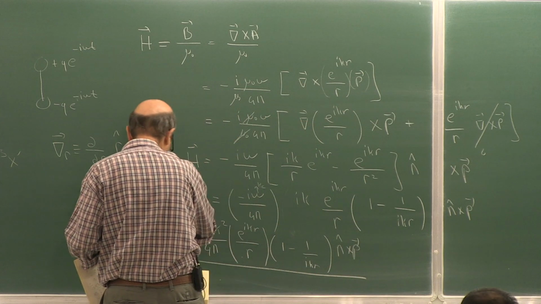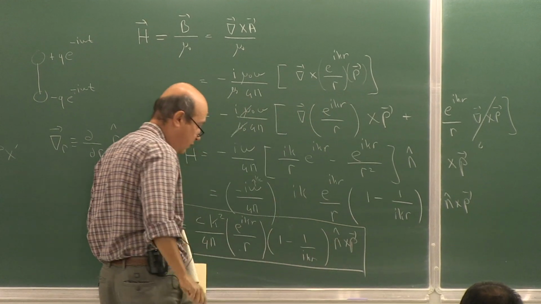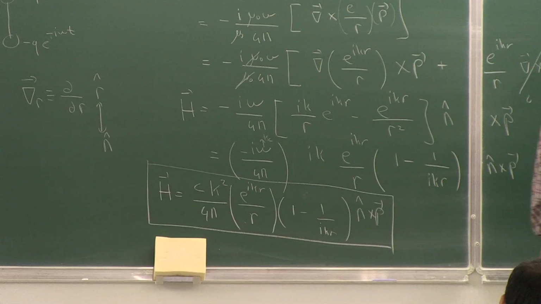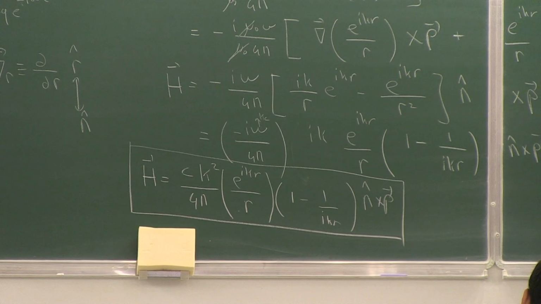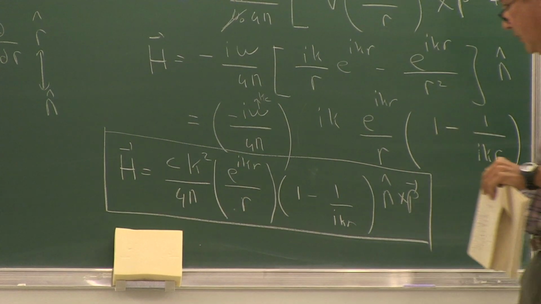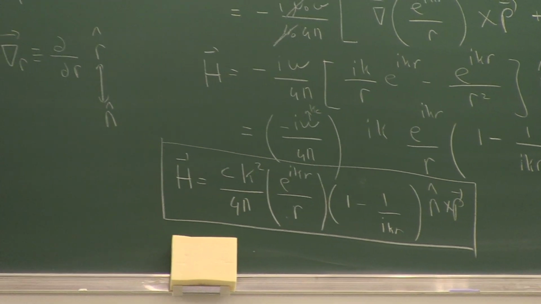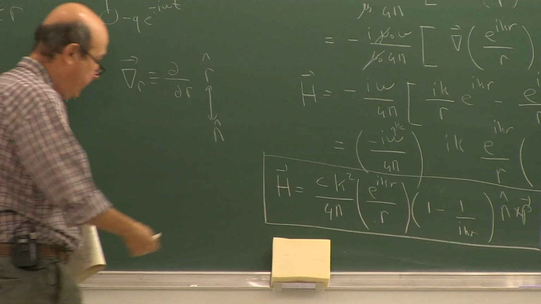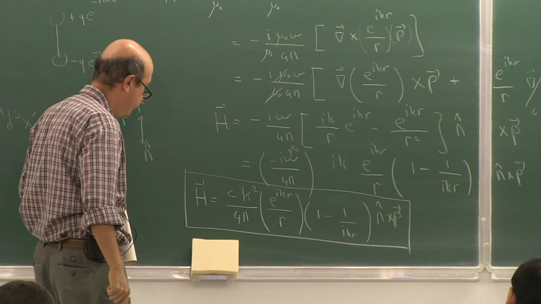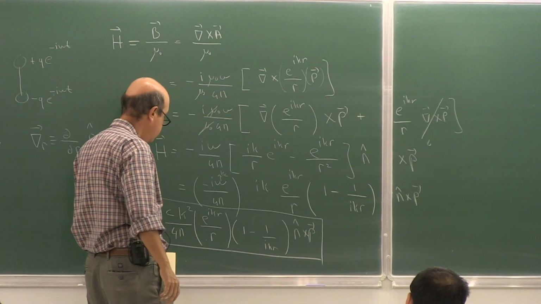We will see when we calculate the Poynting vector altogether that it will be independent of r. That means we can see the radiation from very large distances, like the cosmic background from the early universe and so on, because the waves are spherical waves. I'll return to that point later on.